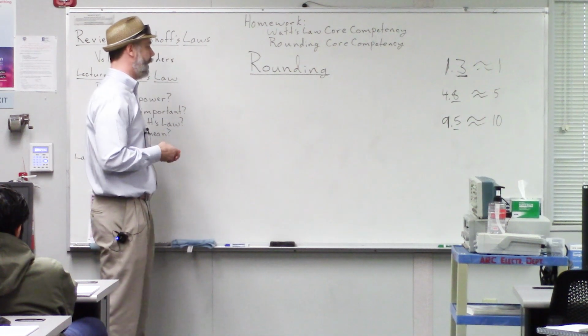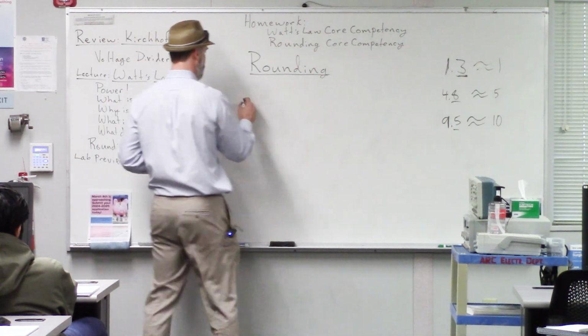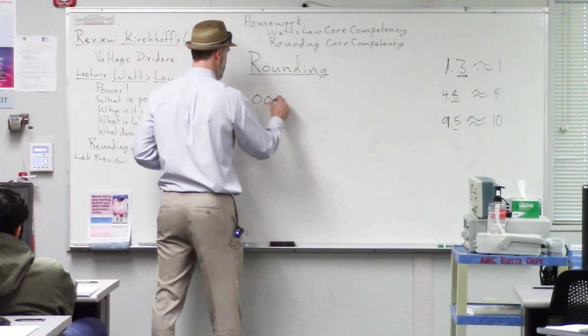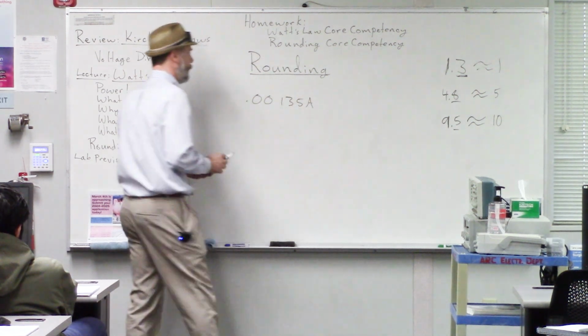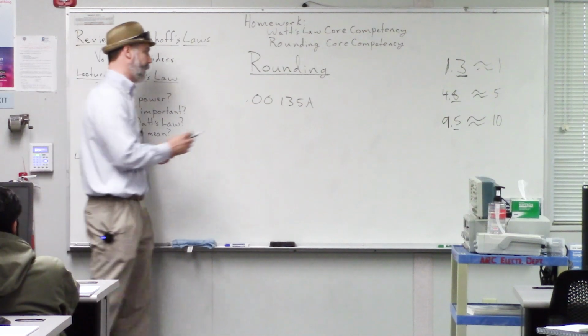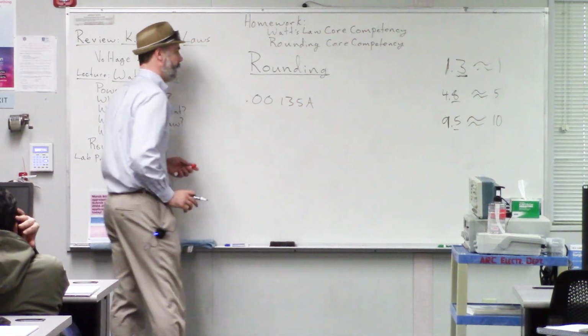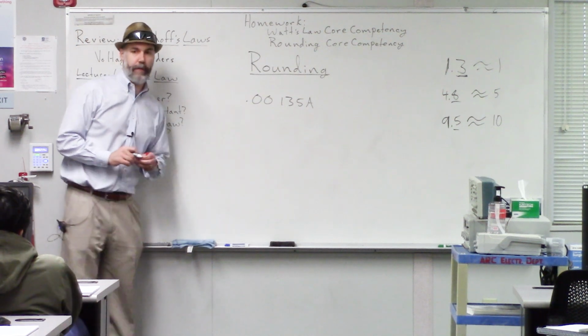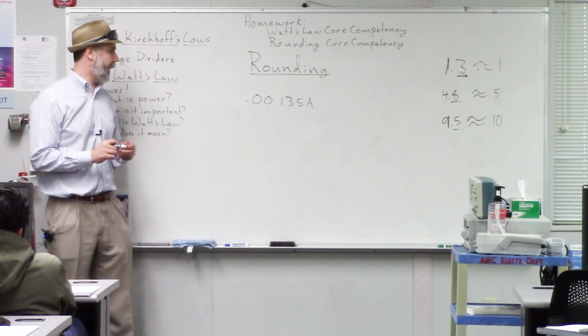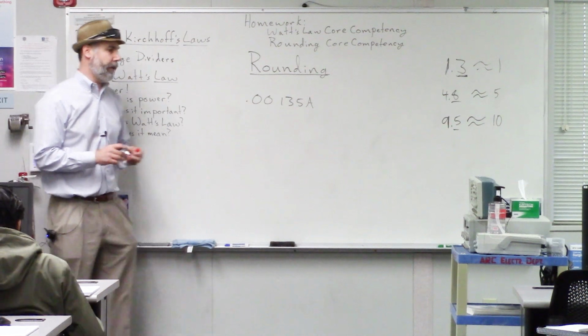Imagine that you had a small number, like 0.00135 amps, okay? We see that kind of number a lot. That would be 1.35 milliamps, right? And that's a fair number to have in your circuit.